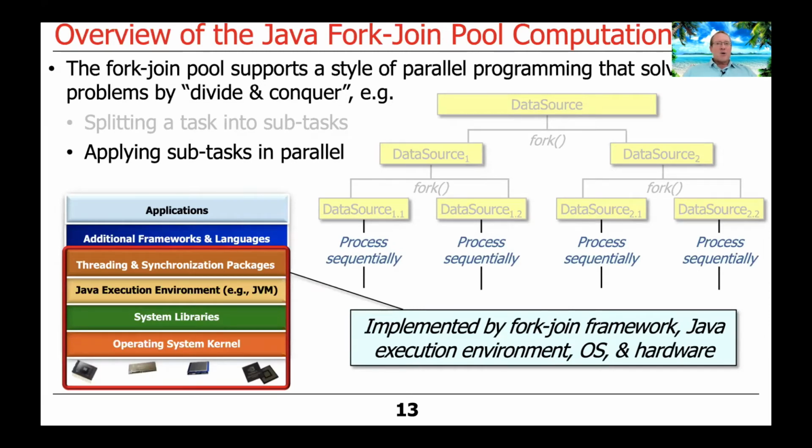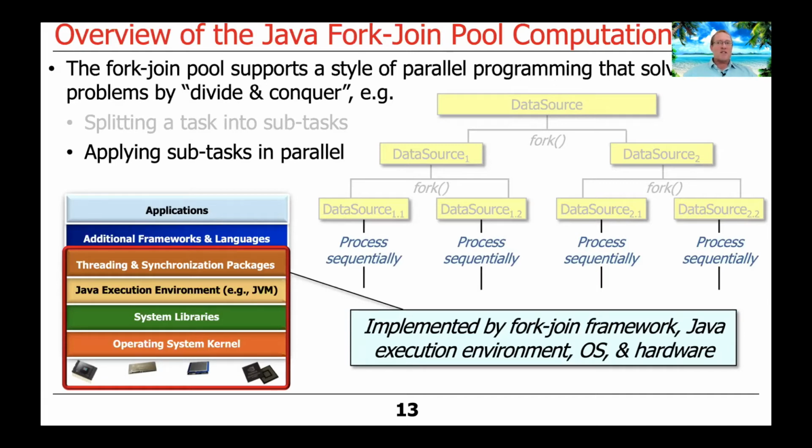Typically, the execution of the chunks in parallel is performed by the Java fork join framework in conjunction with the Java execution environment, the Java virtual machine, for example, or the Android runtime, the underlying operating system, the operating system kernel, and of course, deep in the bowels of the whole thing will be the underlying hardware cores, which are actually doing the actual processing. So there are a number of different layers involved.